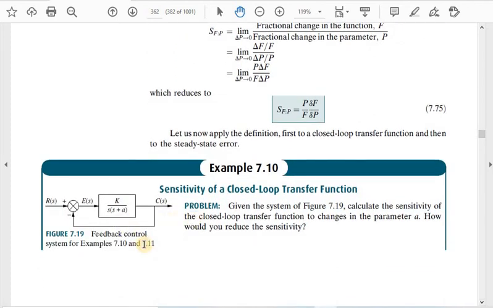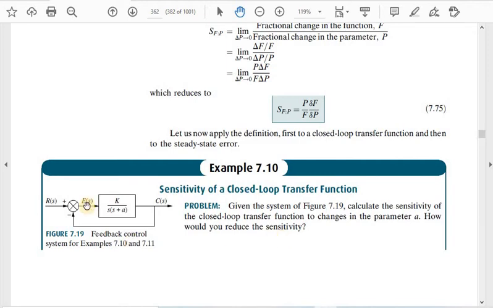Here is the example where we have a parameter a in this controller. Given the system, calculate the sensitivity of the closed loop transfer function to change in the parameter a. How would you reduce the sensitivity?